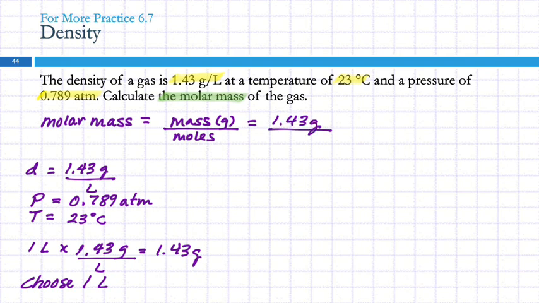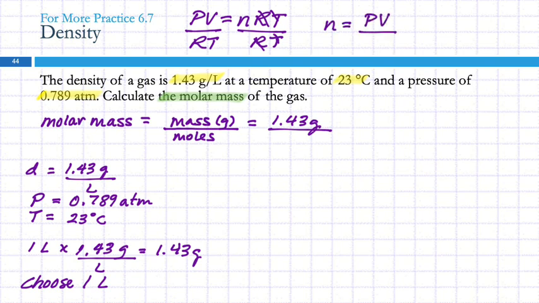And now I need to find the moles. So we're going to use the ideal gas law for that. So the number of moles is equal to the pressure times the volume divided by R times the temperature.